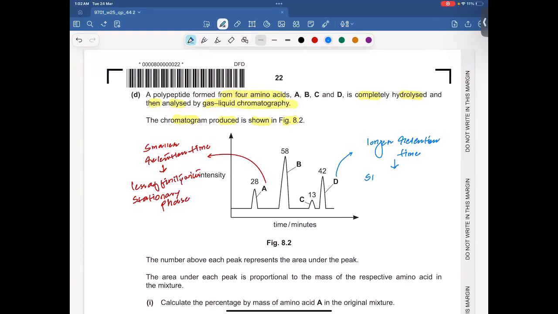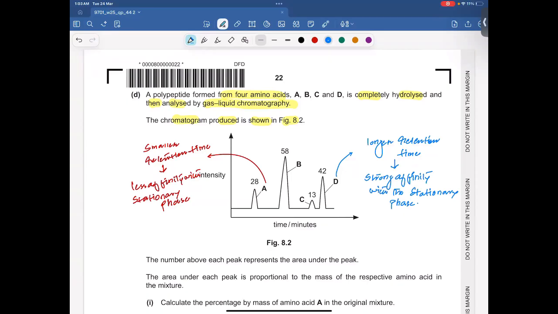Ultimately, it has a strong affinity with the stationary phase, that is high boiling liquid like a polymer. Okay. So first of all, you need to understand this retention time thing.